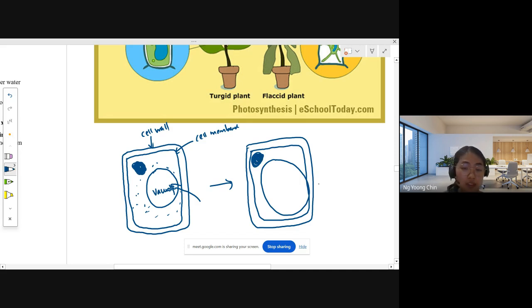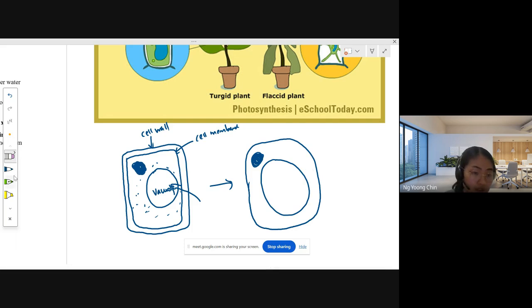And also the vacuole is so fat that the cell wall will be pressed out. Maybe I can write it this way. The cell wall will be slightly bending out. Yeah, like this.